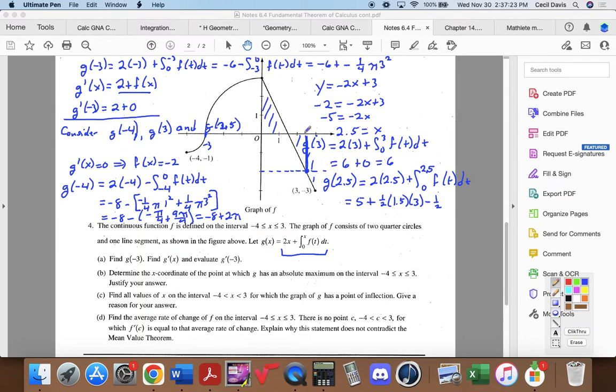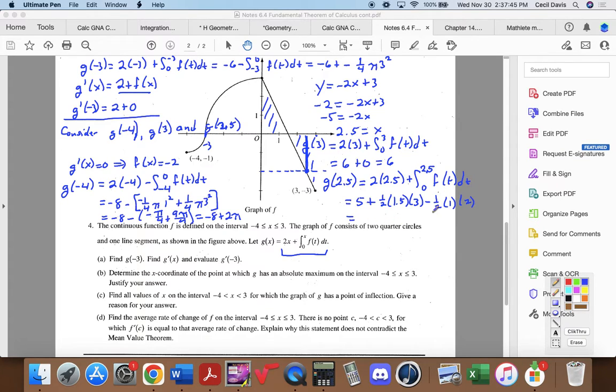Well, let's see. That distance is 1 now, isn't it? Because we went from 1.5 to 2.5. And this height, we know that that's 2 because we were trying to find where our function was negative 2. So let's see.